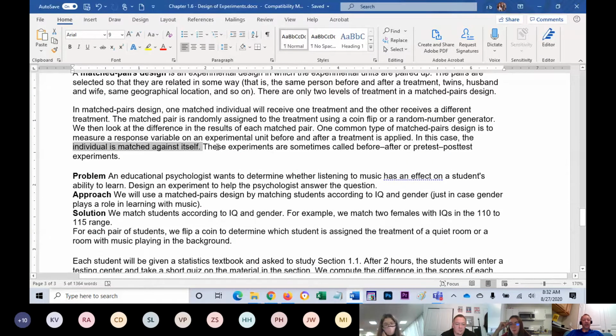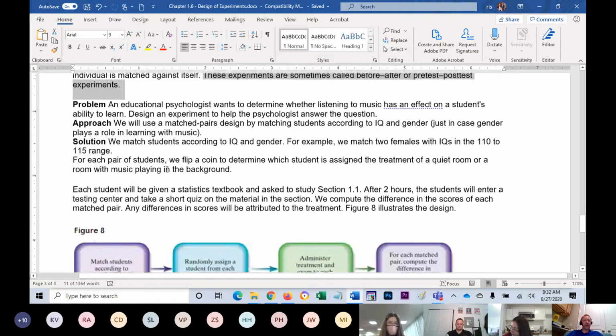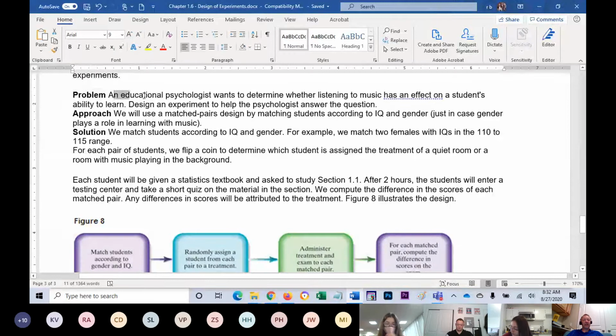All right, so in experiments, there's sometimes pre-test, post-test experiments. Here's an example of a matched pairs design. An educational psychologist wants to determine whether listening to music has an effect on a student's ability to learn. So we want to design an experiment to help the psychologist answer that question.